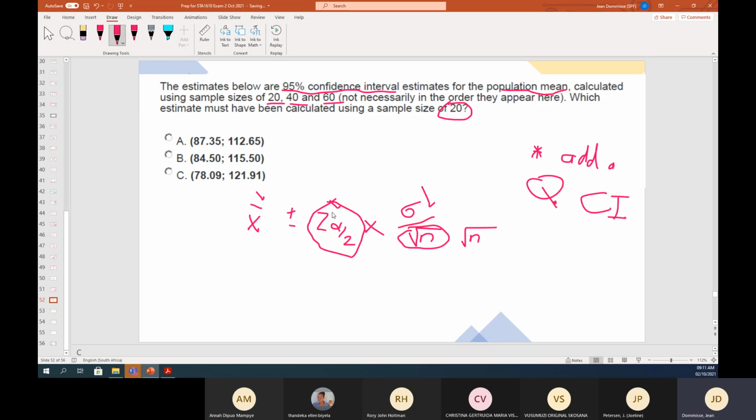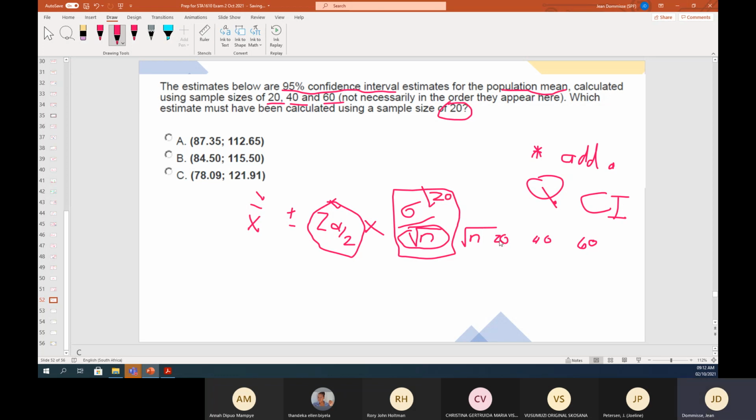So what happens to that value when n is 20, when n is 40, and when n is 60? Let's use a random standard deviation, say 20.